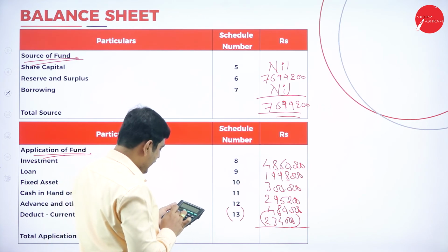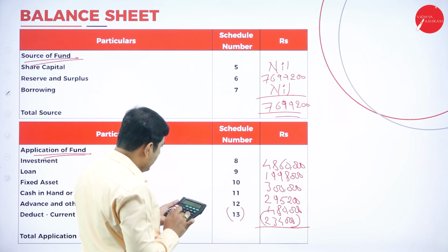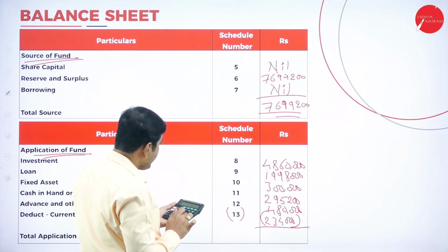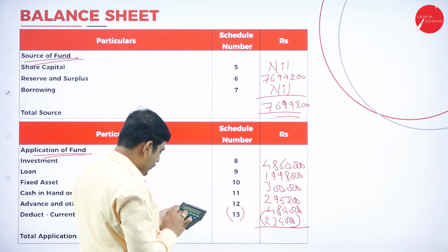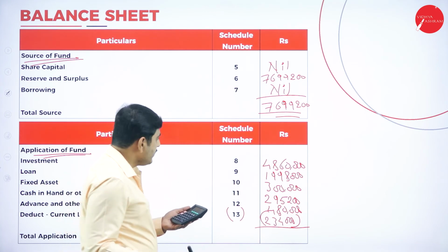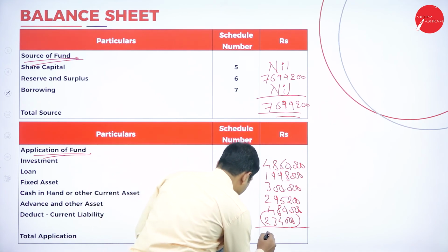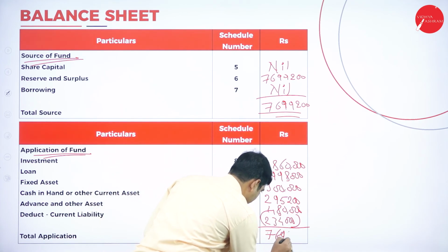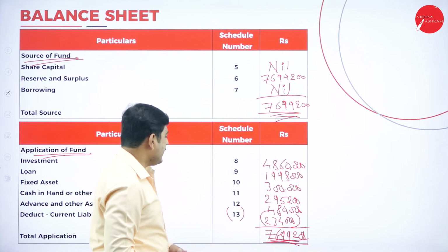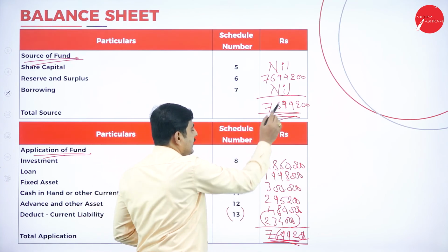So 48 lakh 60,000 plus 19 lakh 98,000 plus 3 lakh plus 2 lakh 95,200 plus 4 lakh 80,000 minus 2 lakh 34,000. So we'll get 76 lakh 99,200. So the balance will get tallied. 76 lakh 99,200 here, and here also 76 lakh 99,200.